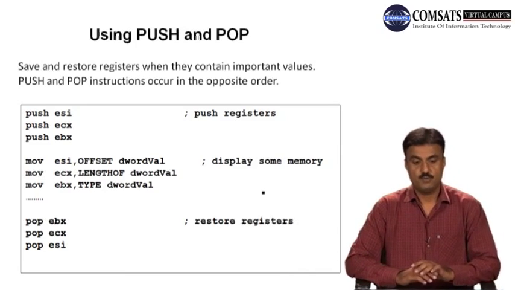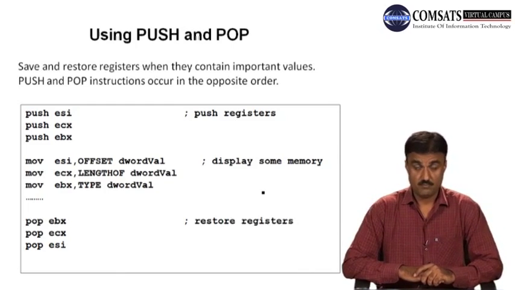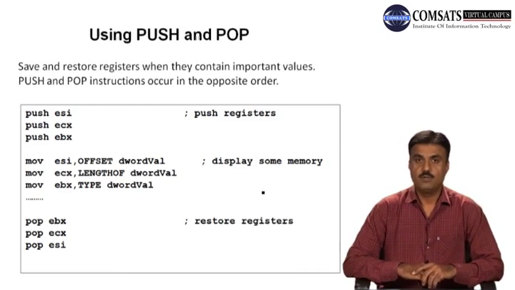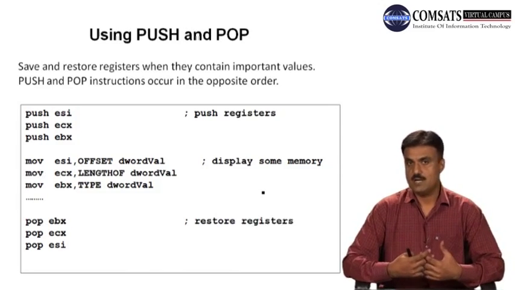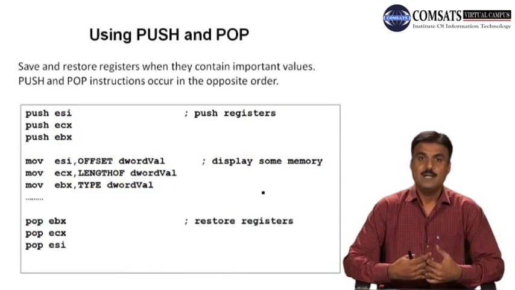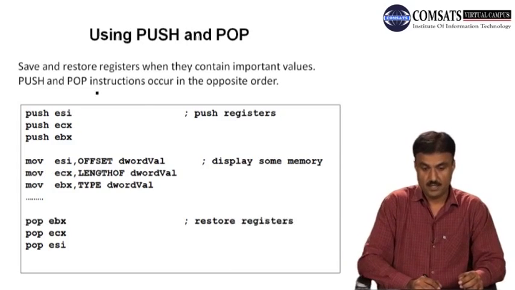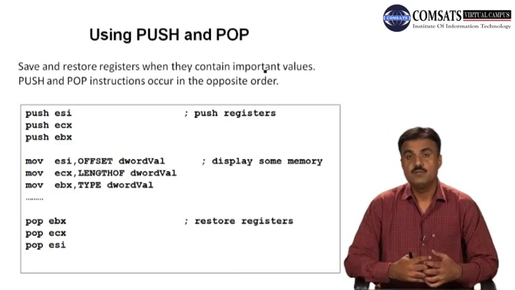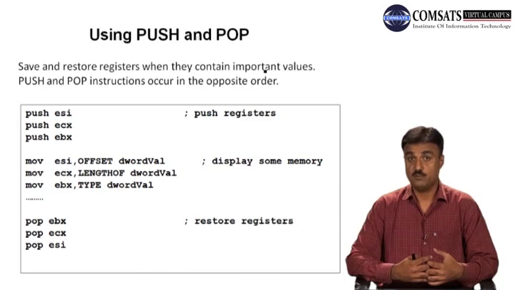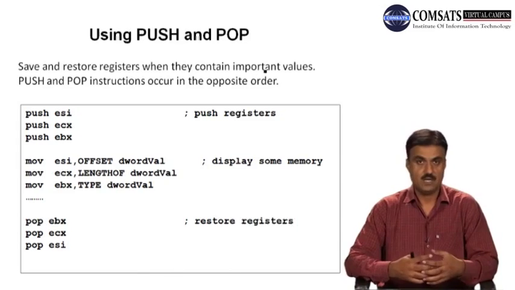Now using push and pop operations, you know that when we push the first element, second element and third element, the pop operation should be in reverse order. For example, we can save and restore registers when they contain some important values. For example, in case we use the loop instruction with multiple loops, there was an inner loop and an outer loop in our previous lecture.